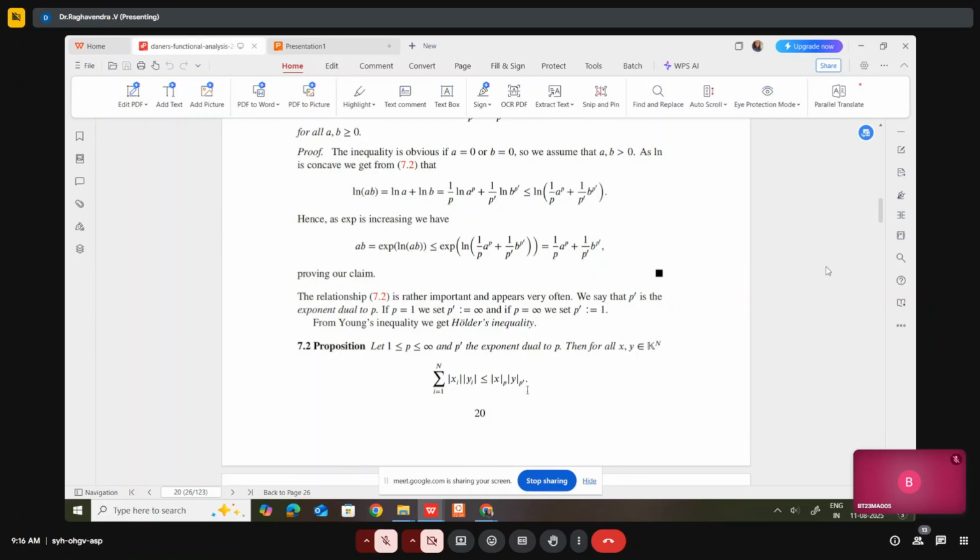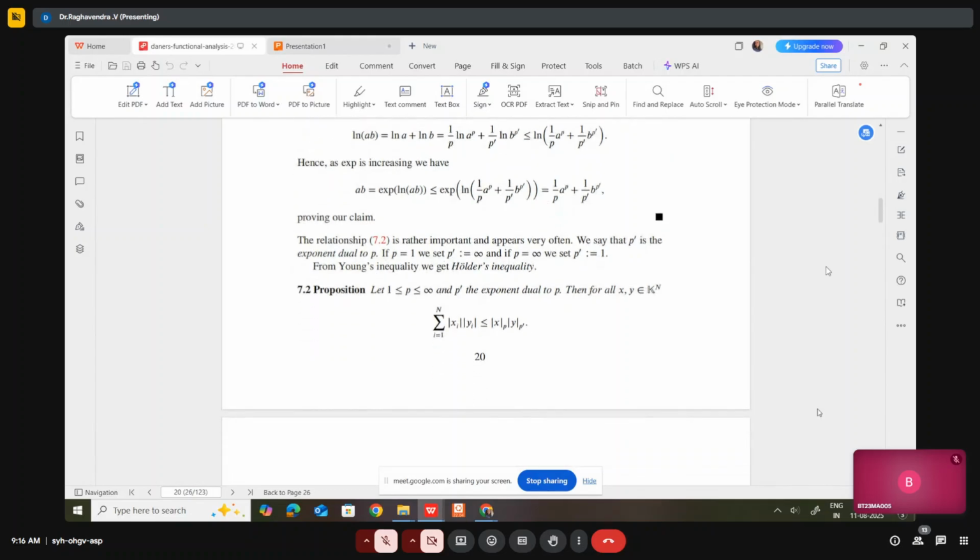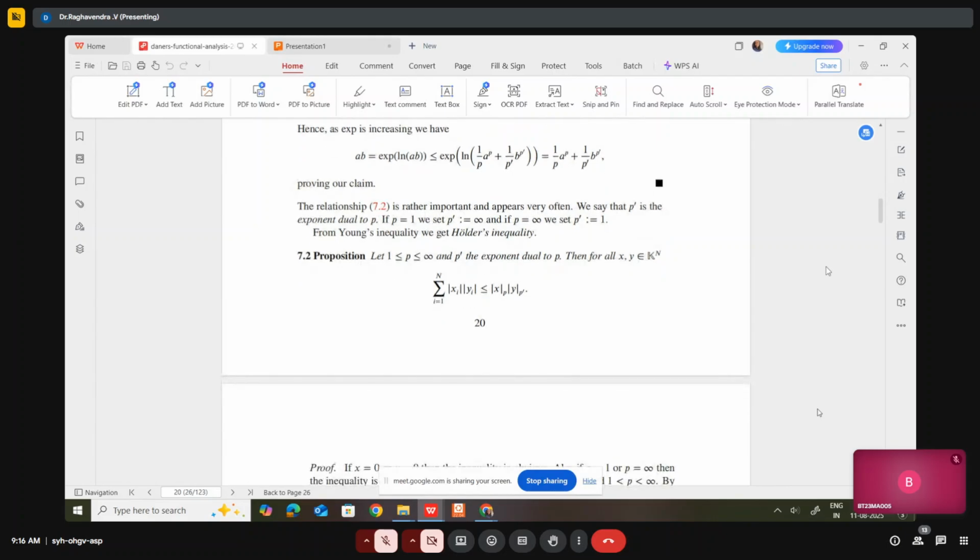Then the sum from i equal to 1 to n of mod xi yi is less than or equal to the p norm of x times the p prime norm of y. That is what is called Holder's inequality. I'm only stating Holder's inequality. I'm not giving a proof. I'll prove it in a moment.